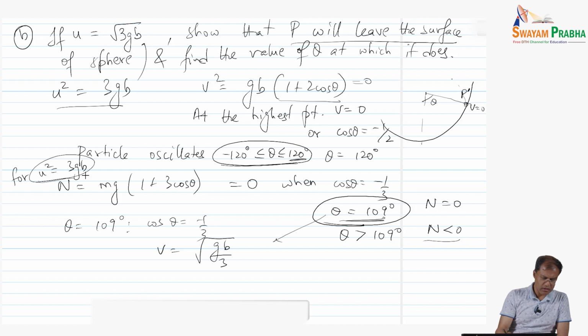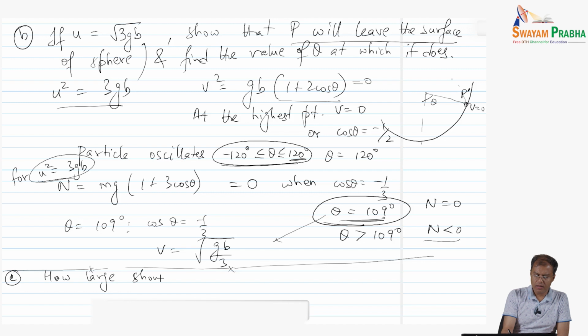Okay, so the third part of the problem asks: how large should u be such that P performs a complete circle?